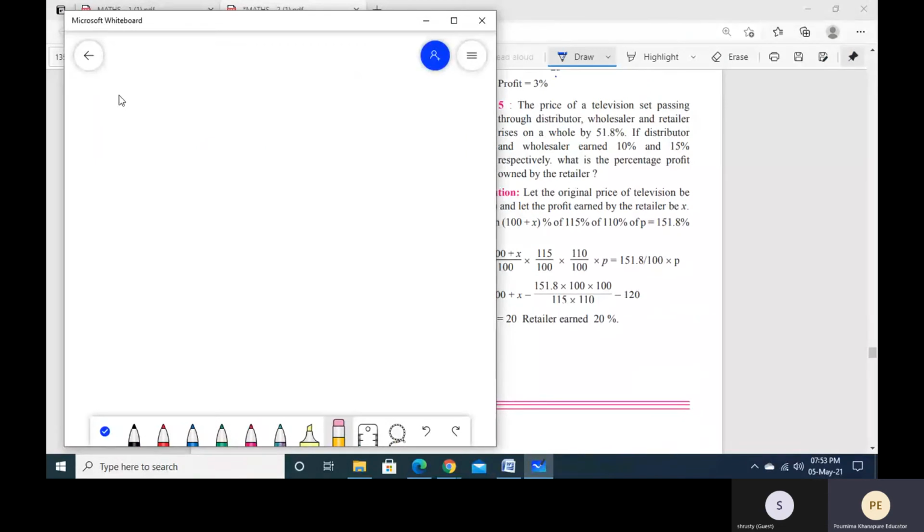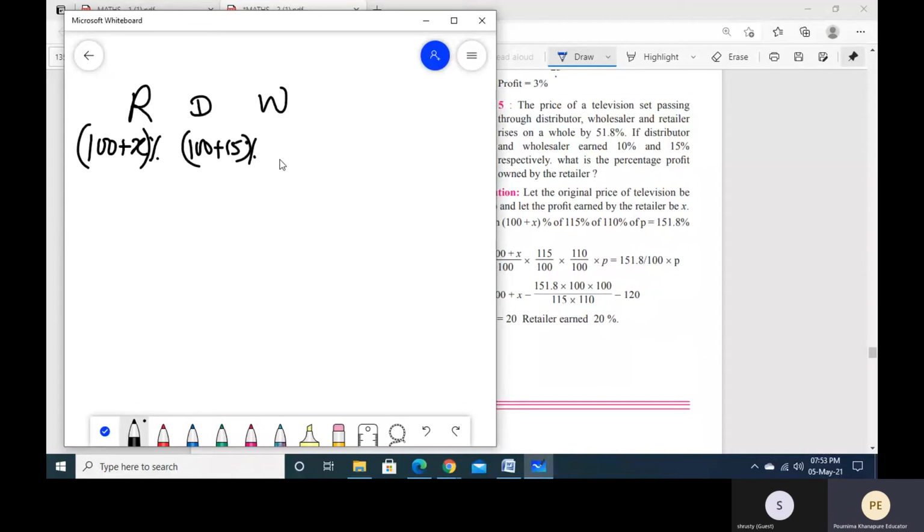We have the retailer, then we have a distributor, then we have a wholesaler. Okay. So let's say that the retailer earns X% of the profit. That means on 100 rupees X%, right? 100 plus X%. The distributor earns 15%, so 100 plus 15%.